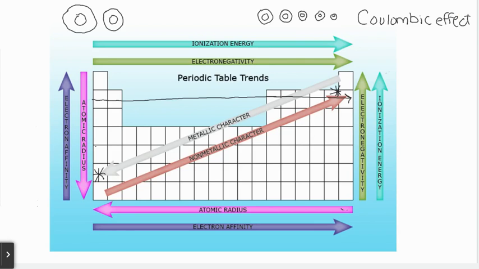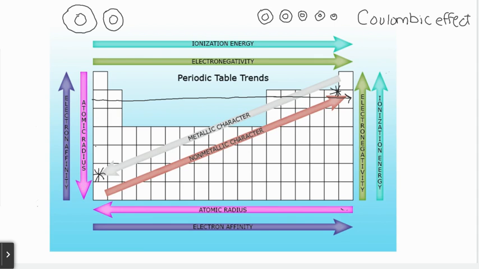The increased nuclear charge means that I have more protons in the nucleus or more plus charges in the nucleus. Those plus charges in the nucleus are what we're talking about when we're saying that an atom is hanging on to electrons. Opposites attract, so the positive protons pull on the negative electrons. And that's what chemistry is all about, is the movement of electrons.